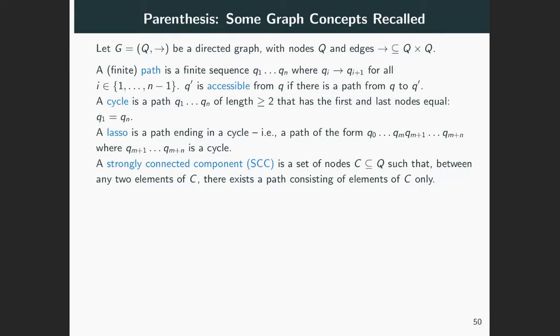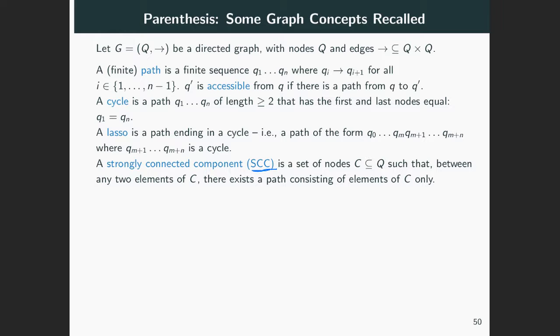A strongly connected component is a set C of nodes such that any two nodes in it are connected by a path that goes through nodes in C only. Another way to say this is that every node in C is accessible from every other node in C using only nodes in C. Strongly connected component is going to be abbreviated SCC.